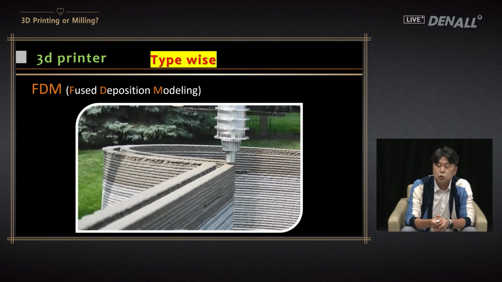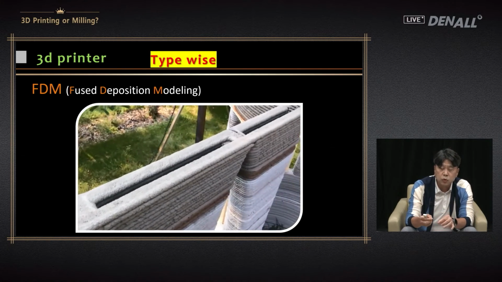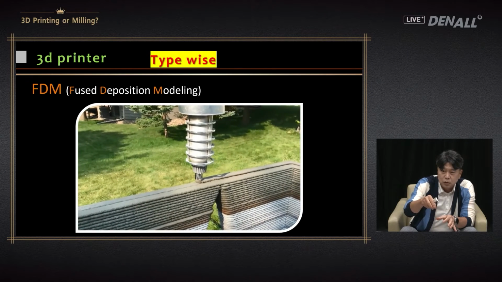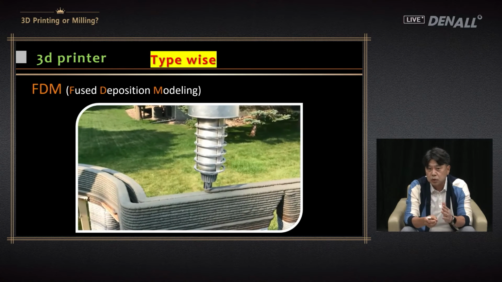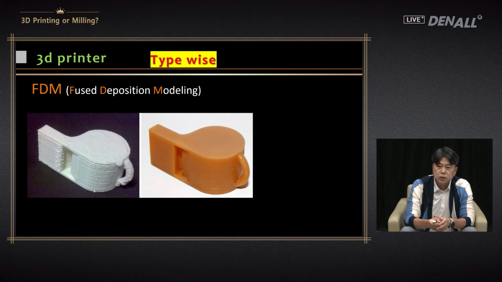For your understanding, I took it from YouTube. Houses are built with cement or concrete. As it comes out, it is hardened. In China, actually, apartments are built like this. Compared to the past, FDM produced very coarse objects.